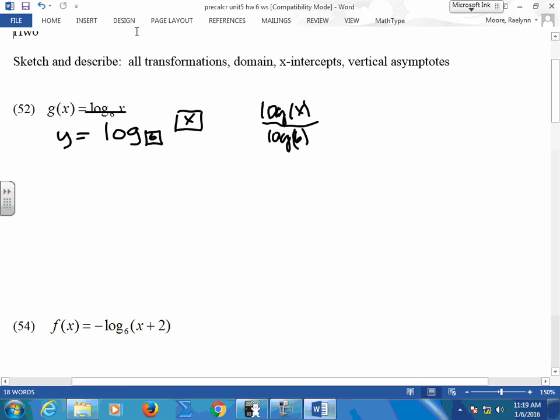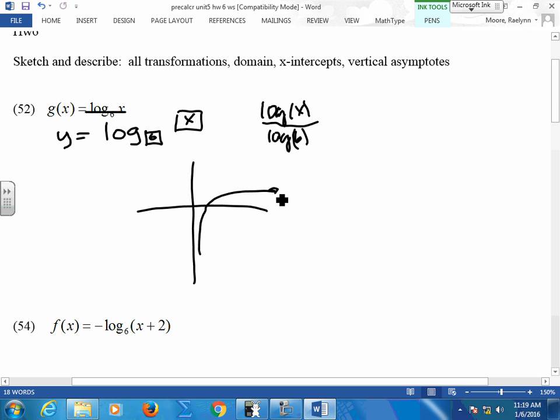All right. Now, regardless of what base it comes in, we get the same look. It's going to look like this. Everybody write down these attributes. Your domain is from 0 to infinity. Yesterday, didn't we try taking the log of 0, right? It doesn't work. The log of a negative doesn't work. The range is all real numbers. Your x equals 0 line, which is your y-axis, is now your asymptote.